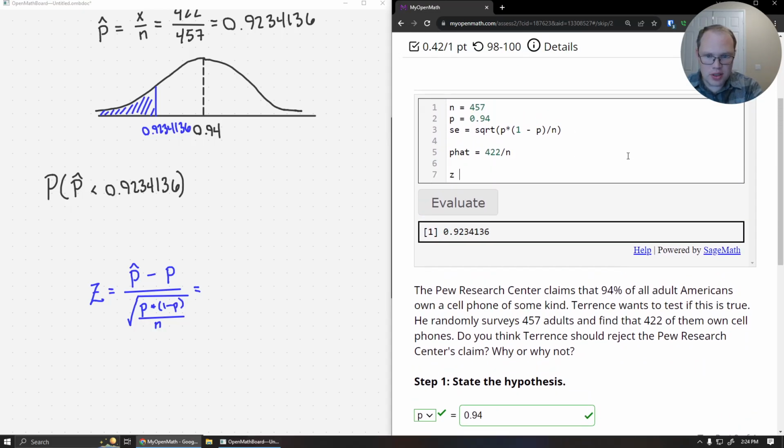My z-score is going to be my p hat, my sample proportion, minus p, the population proportion, which is the mean of the sampling distribution of sample proportions, and I divide by the standard error, which I've already calculated here, and I've stored it in variable SE. That's my z-score there.